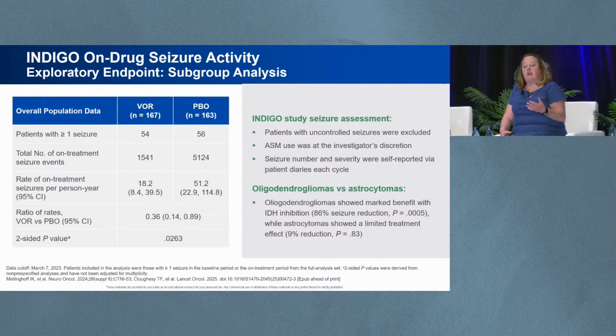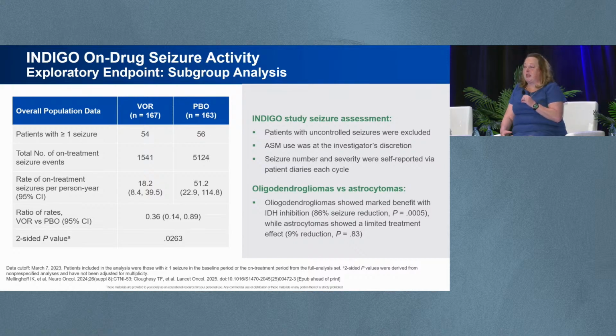So they did an evaluation of patients that had at least one seizure during the clinical trial. And what they found, it was remarkable, is that patients on vorasidenib had much fewer seizures than patients on placebo. You can see that the difference was 1,541 seizures in the vorasidenib group versus 5,124.